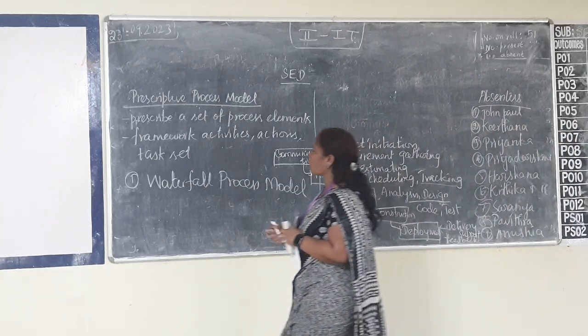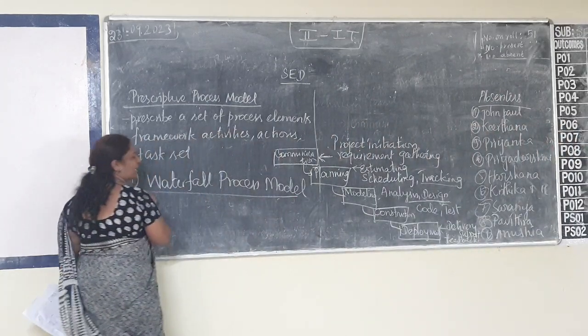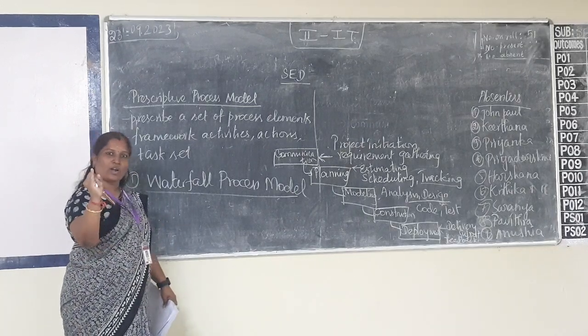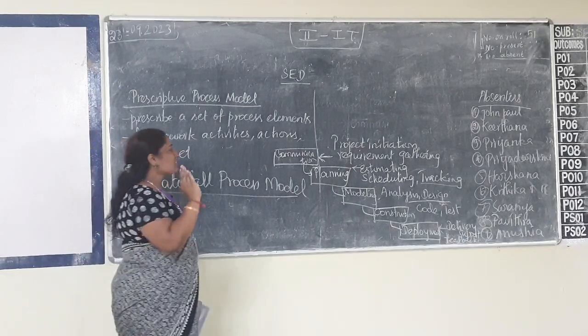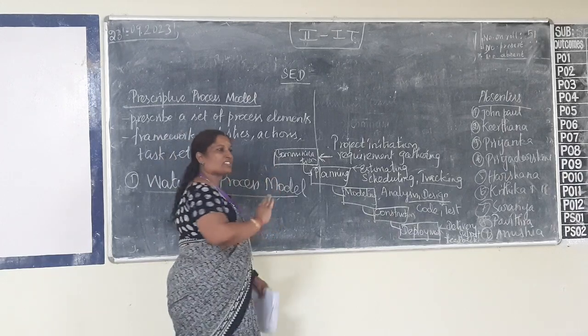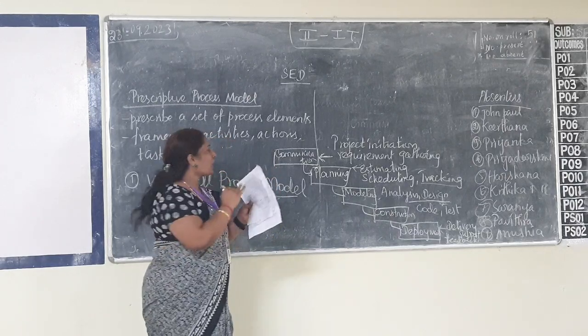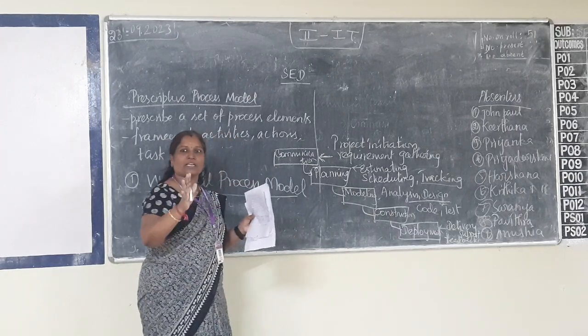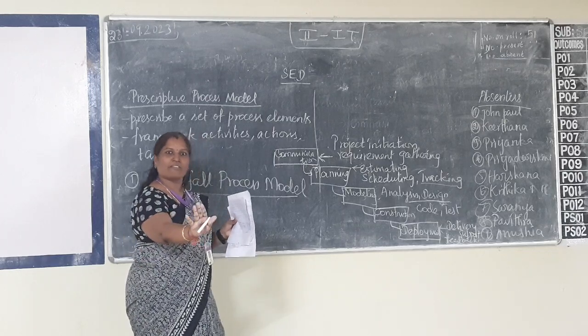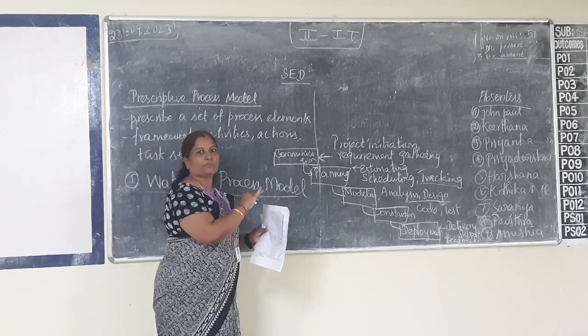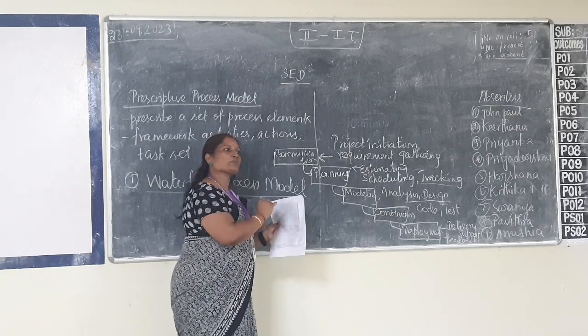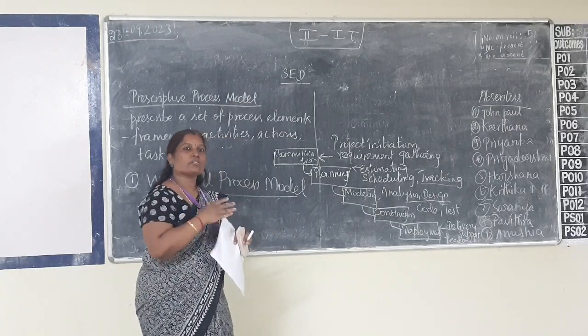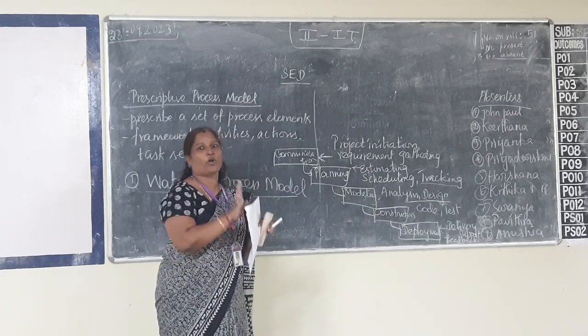For that kind of project, this waterfall process model will be suitable. Number one, we cannot go back. Once I complete communication, I should move on to planning. I will be pushed to the next level only. I cannot go back to communication.